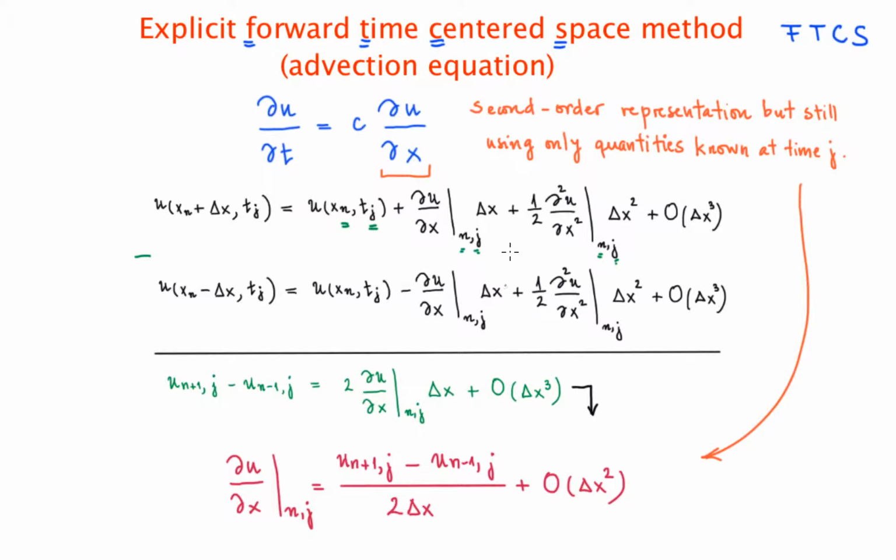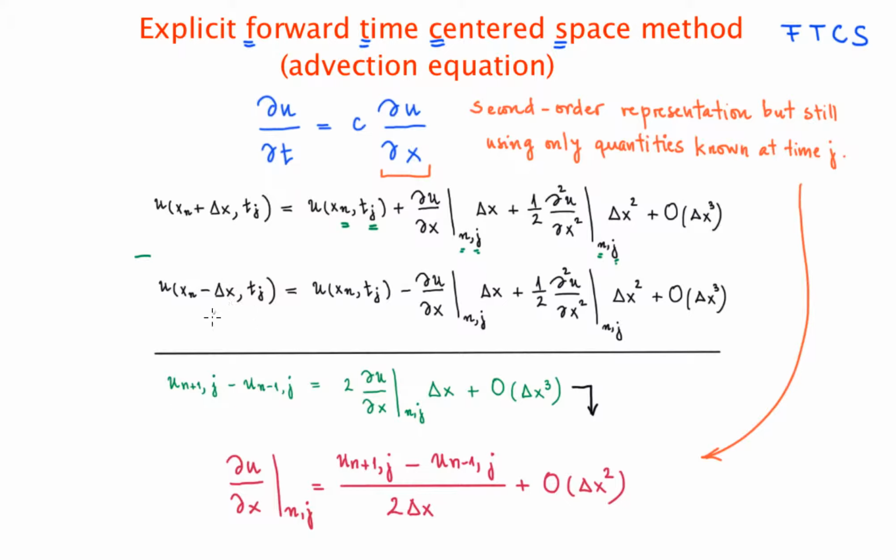So we have to make a combination of the two so that we keep this term but eliminate the second order term. In order to do that, what you have to do is the first equation minus the other. If we do that, basically what you have is the following.